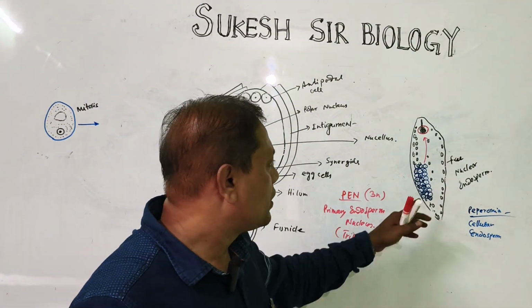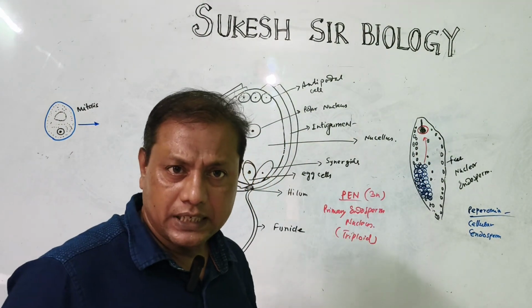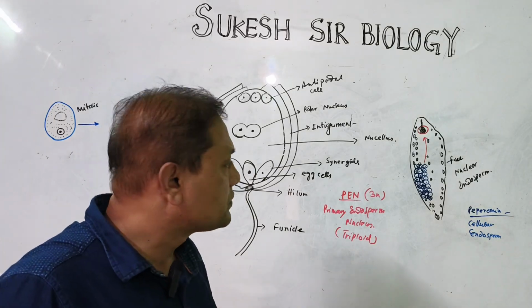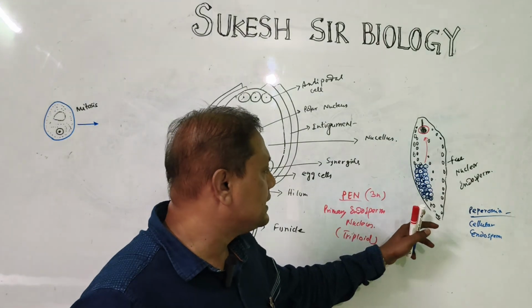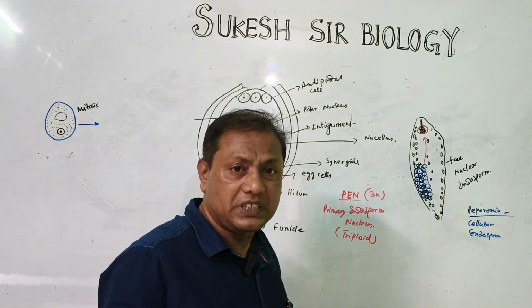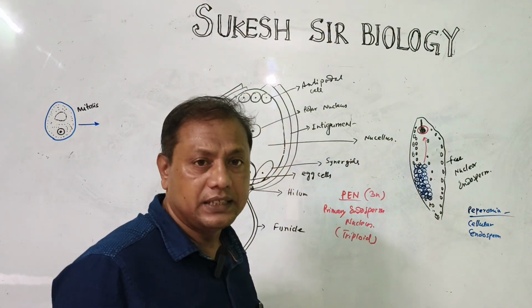Endosperm helps to provide nutrition to the embryo cells. When the embryo is developing, when the cotyledon is developing, the endosperm gives nutrition to those cells.